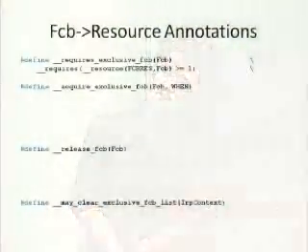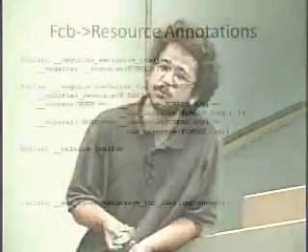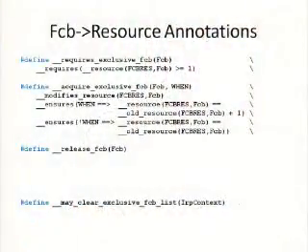So requires exclusive Fcb is just requires that this resource's value be at least 1, not 0. Acquire exclusive Fcb is going to be similar to the increment ref count that we saw, but there's some conditional behavior here where we need to attach this when variable, which indicates when the file was actually acquired by the function that this is attached to. So here's the expansion that we'll use there.